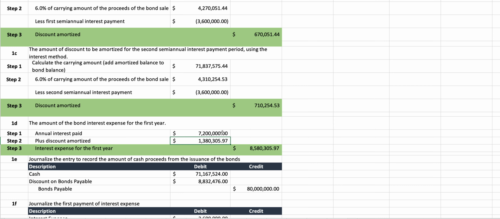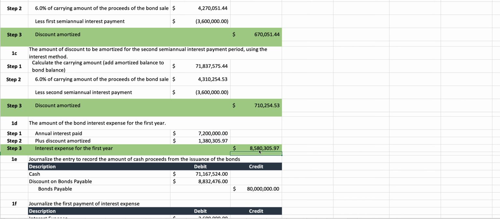So 3.6 million times 2, because we paid it twice, that gives us 7.2 million. Now we have to add in the discount that we amortized. And all I did was pick up the first discount that we amortized and the second amount that we amortized. And now I can fully calculate the interest expense for the first year for this particular bond.